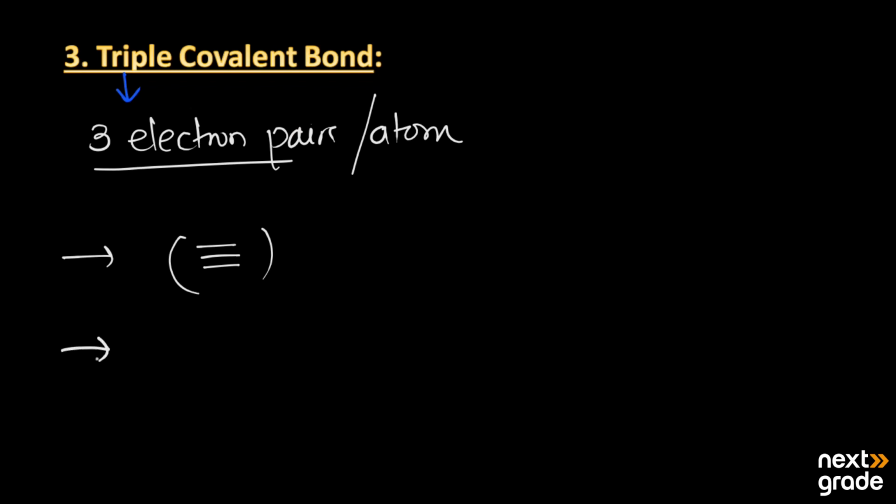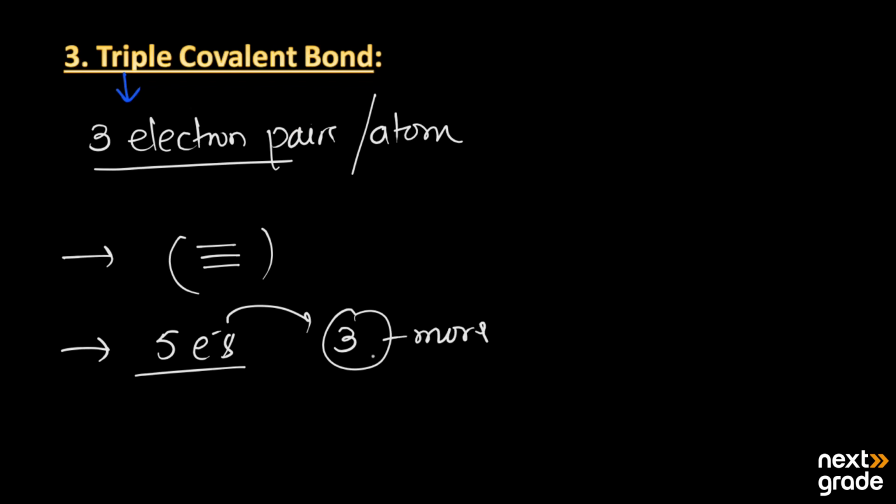This bond is formed by atoms that have 5 electrons in their valence shell, as they require 3 more electrons. So by sharing 3 electrons, they will form the triple covalent bond between the two atoms.